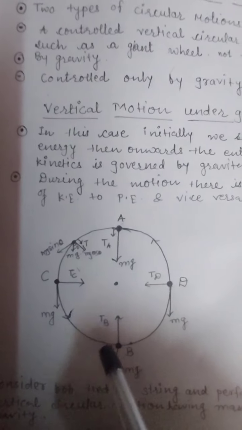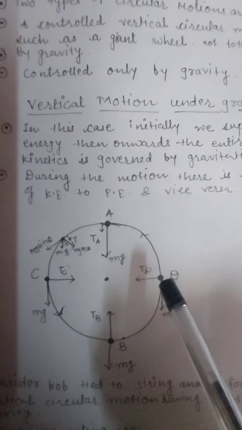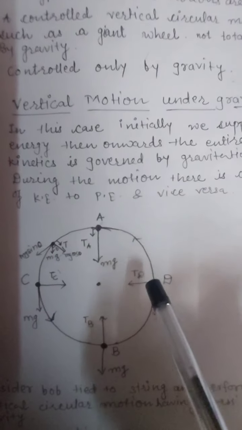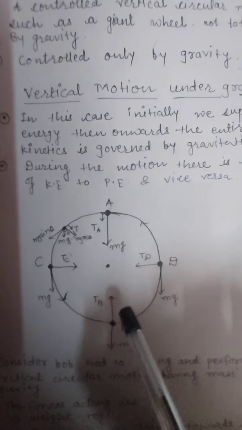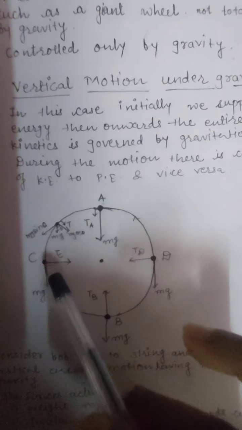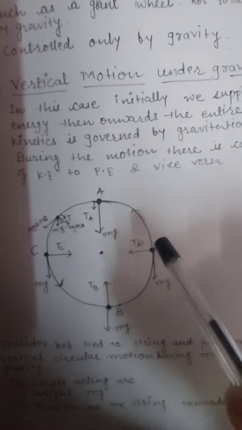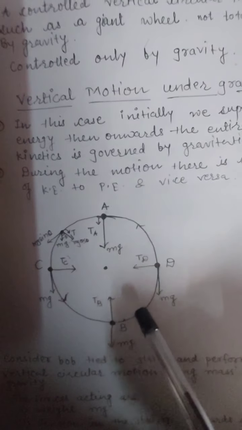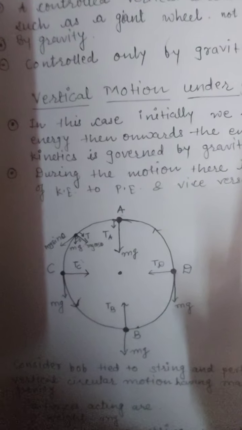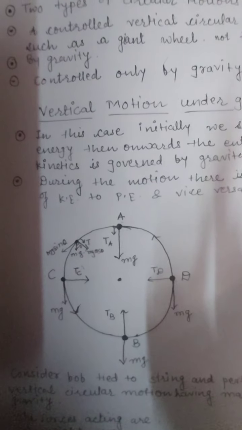We'll consider a bob which is tied to a string, and this bob is performing vertical circular motion. In this case, the whole motion is under gravity, only under gravity.